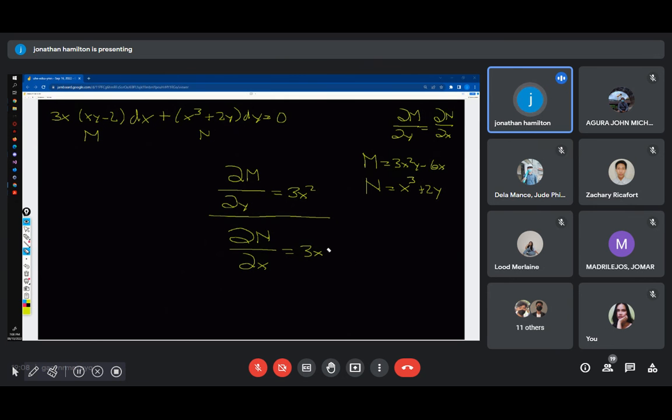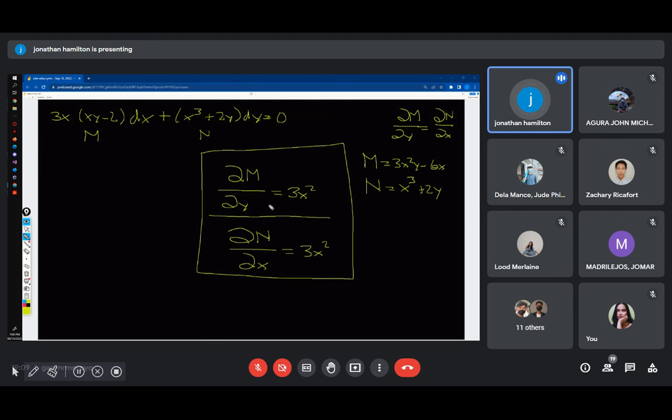Simplifying, we're left with 3x². Since they are equal, we can say this is an exact differential equation. So this is our test of exactness.